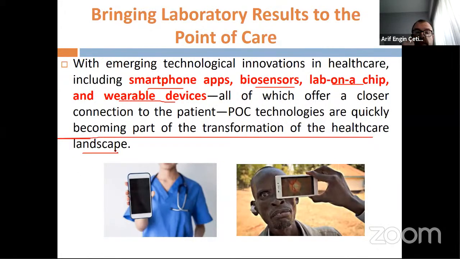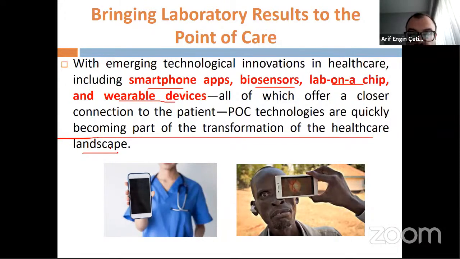Maybe 20 years ago, POCT devices were not highly used all over the world. They're now widespread, and they can be used everywhere in the world.